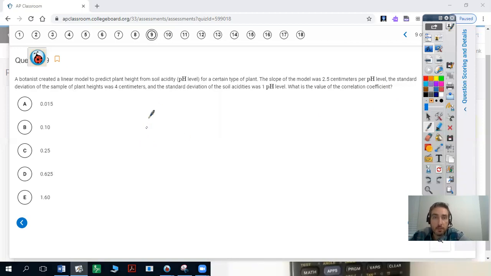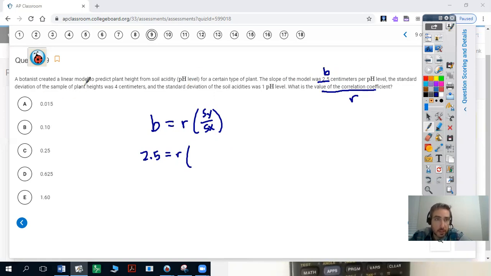This is the formula you need. See, I told you you're gonna have to use that formula. So we're given the slope, there's your B. We don't know the correlation coefficient, but we do know the standard deviation of the sample plant heights was 4 centimeters, and we're predicting the plant height, so that's your Y, so 4.